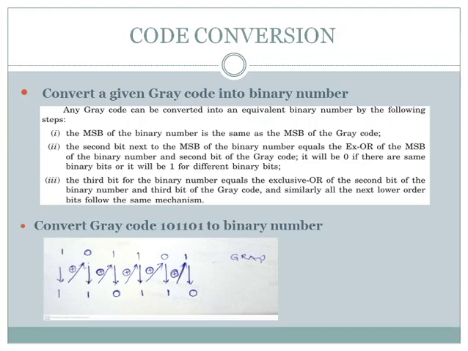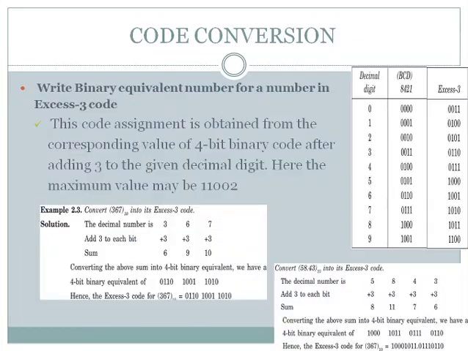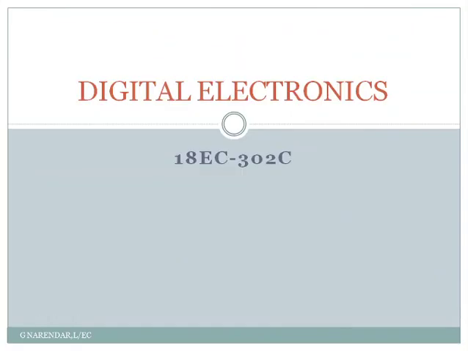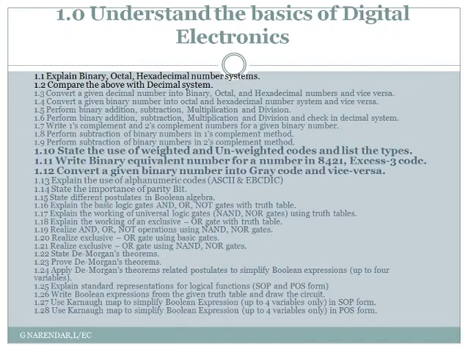Overall, we have discussed the various codes, the classification of codes and the types of codes, and how to convert a given binary number into the various coding schemes like 8421, XS3 and gray code, and vice versa.